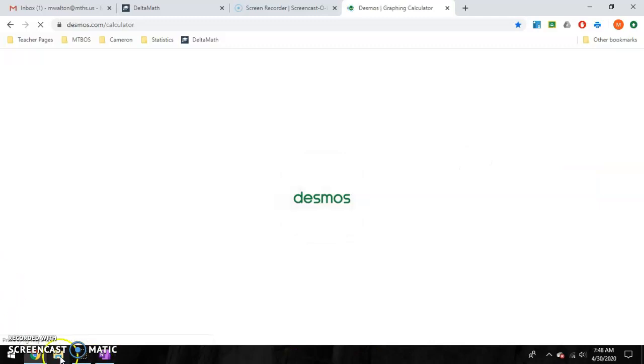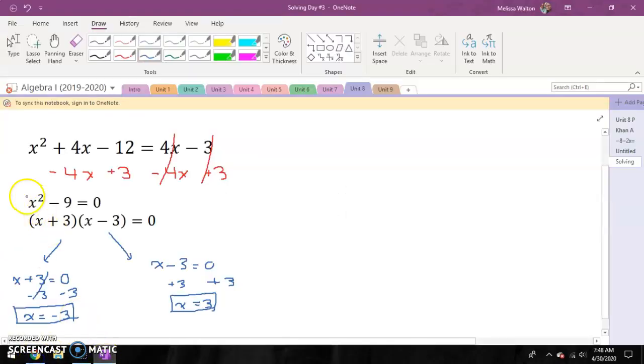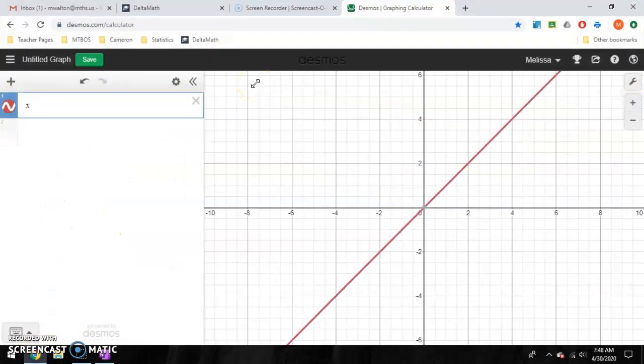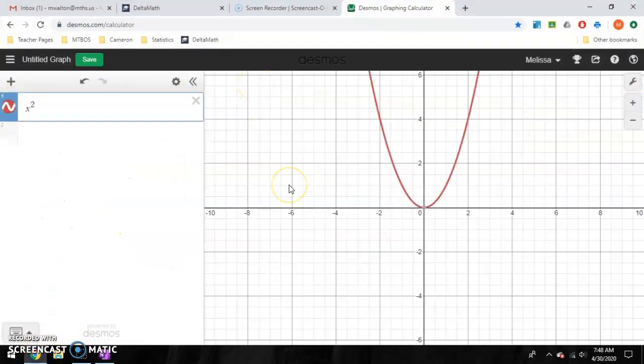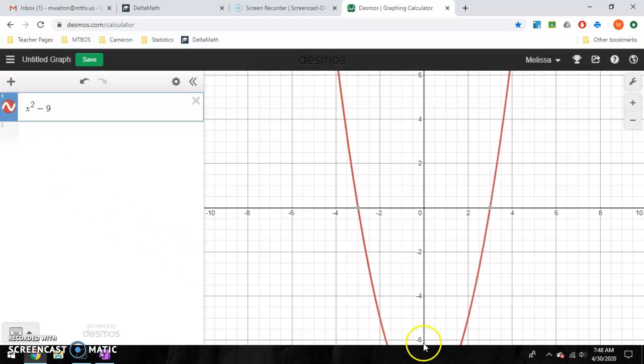If I were to graph x squared minus 9 equals 0, where is this equal to 0? We have two locations. A parabola has this shape. It makes sense that we could have two solutions, negative 3 and positive 3.